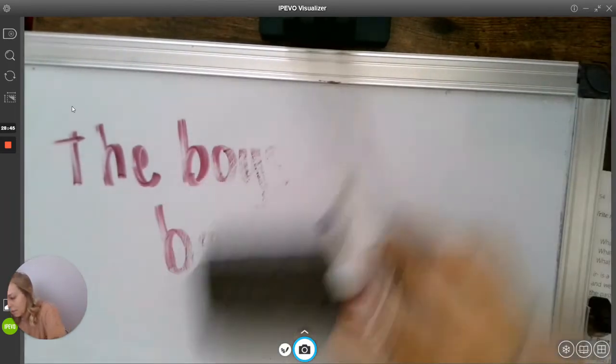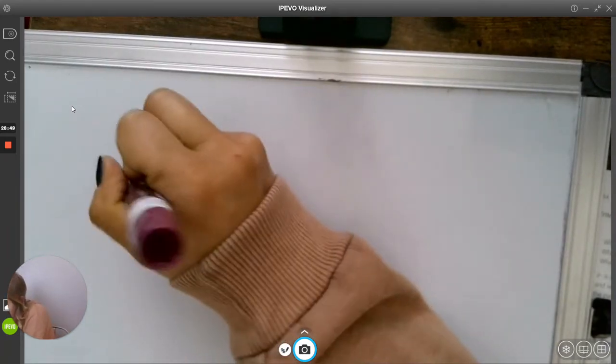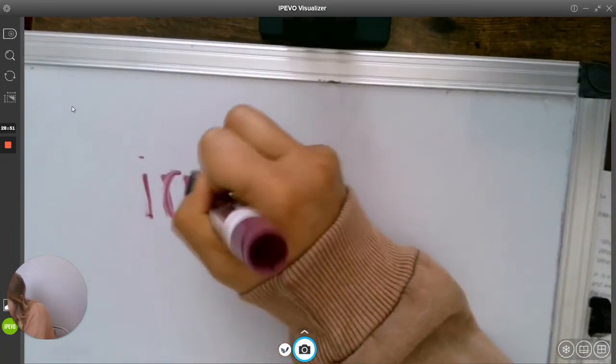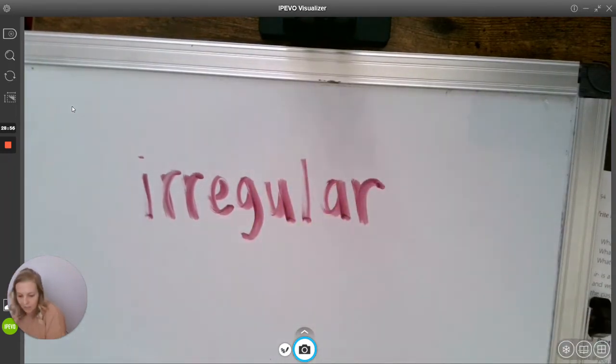Let me write something on the board real quick. Irregular. What root do you hear in the word irregular? What's the root word here? Regular.